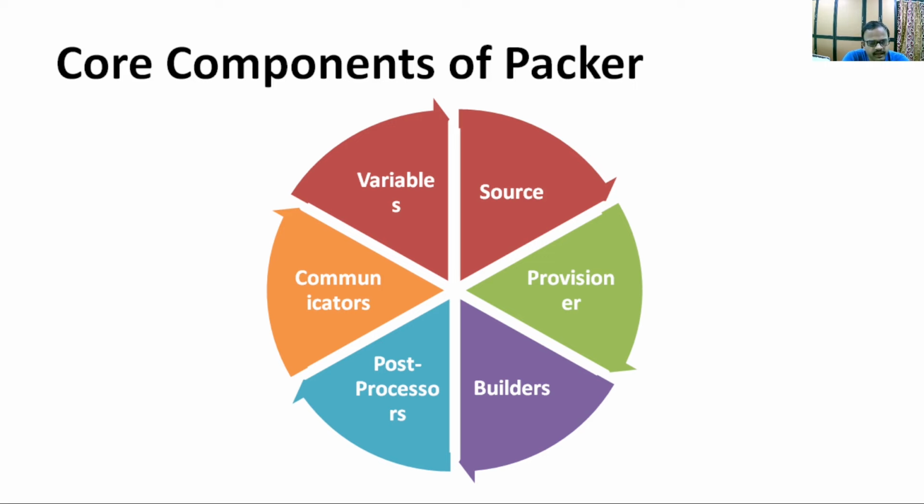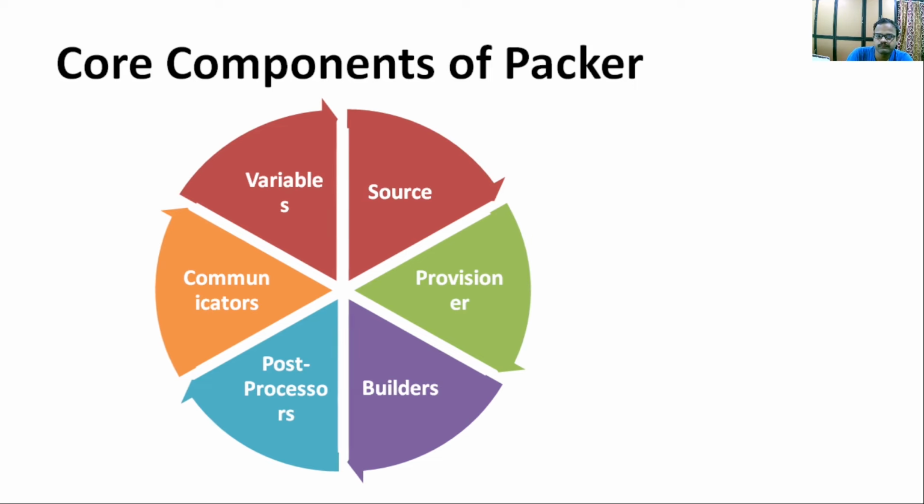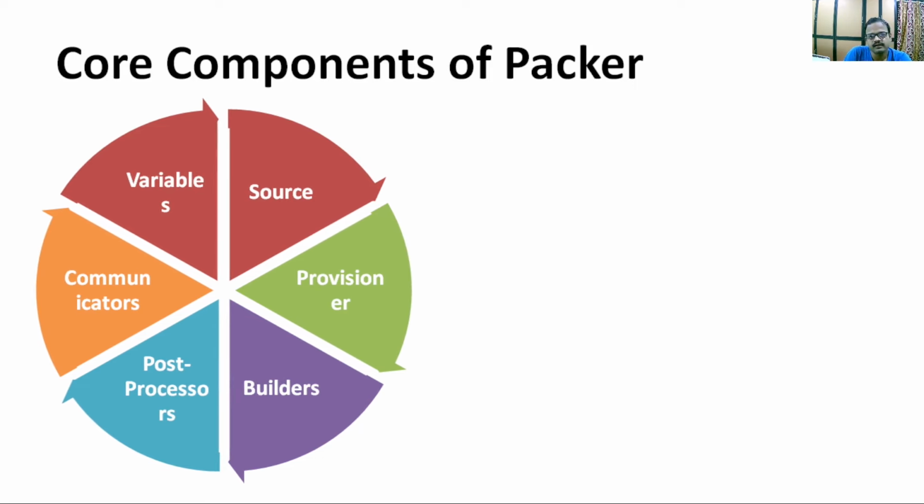You can take any Packer file and you will find it is a composition of only these elements. Except these, you cannot see anything more. No matter whatever Packer file you take, you will find all of these components or a few of them. So let's look at each of the components in depth.